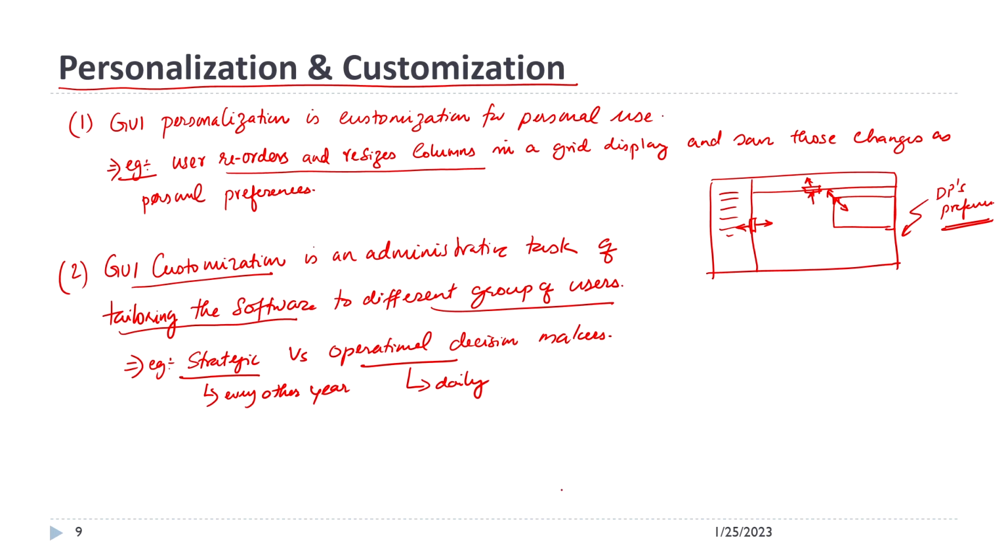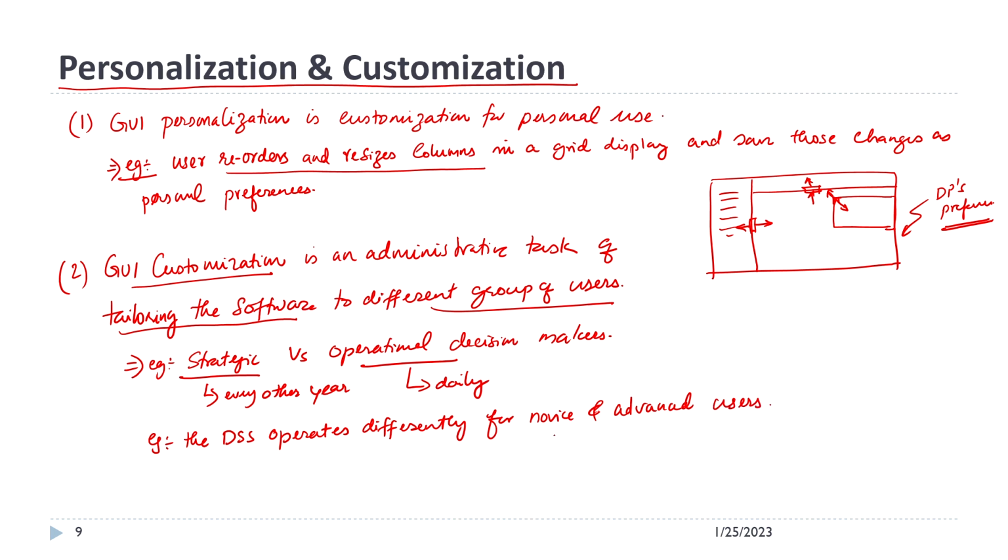Hence the GUI will be customized for the operational managers, whereas the strategic managers get another. Okay. Another example of this is the DSS operates differently for novice and advanced users. Okay.